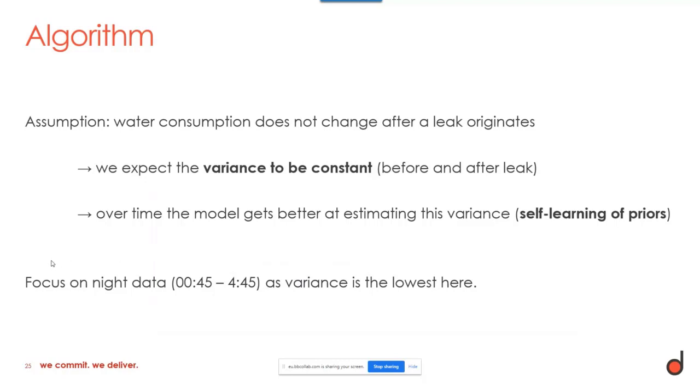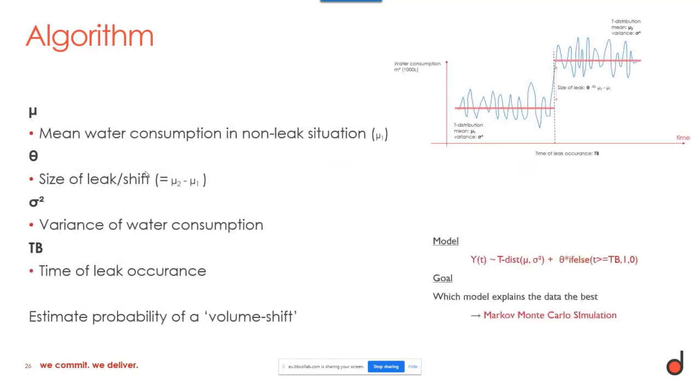Finally, because the field engineers don't have the capacity to constantly change where they're looking for leaks, we decided to focus on the night data, as the variance is the lowest there, so it's the most accurate for detecting leaks. Otherwise, you would always get false alarms, and since there's limited capacity for looking for leaks, it wouldn't be very productive.